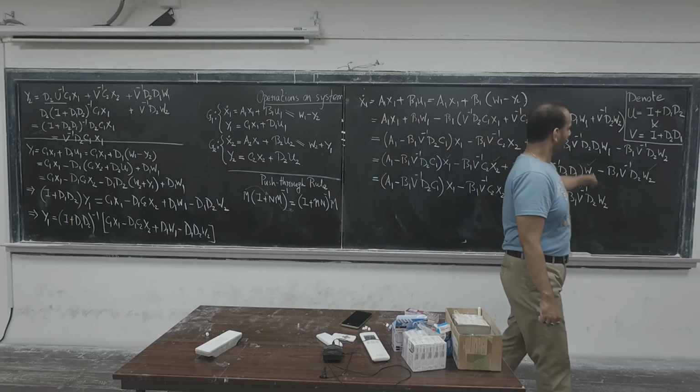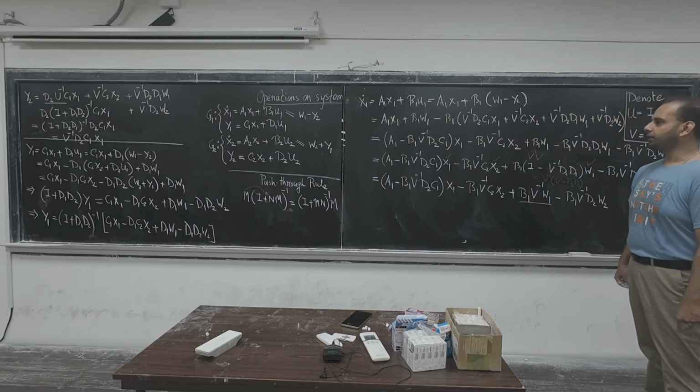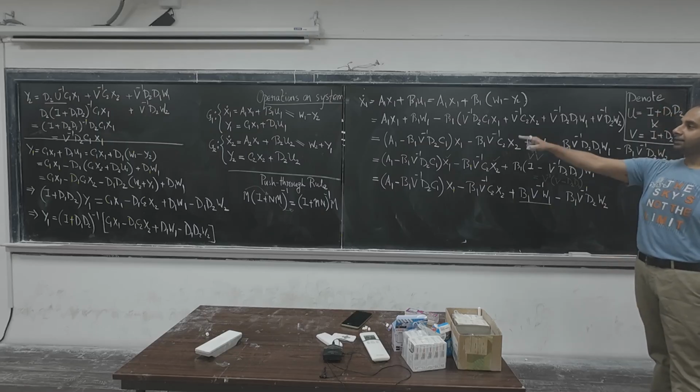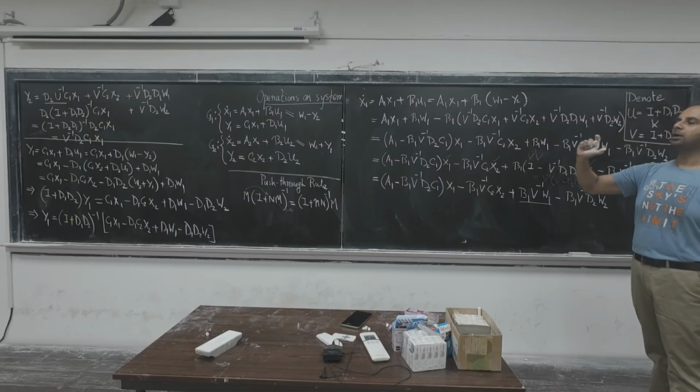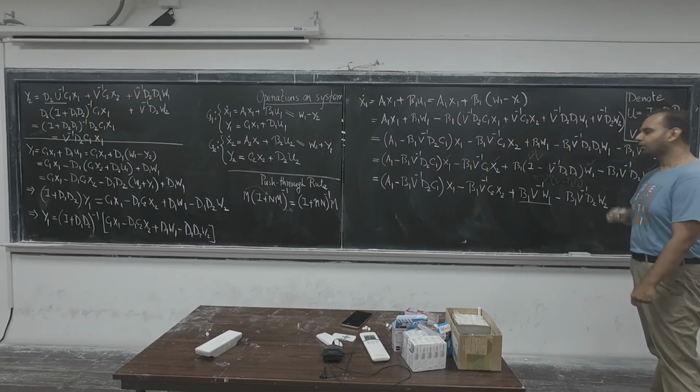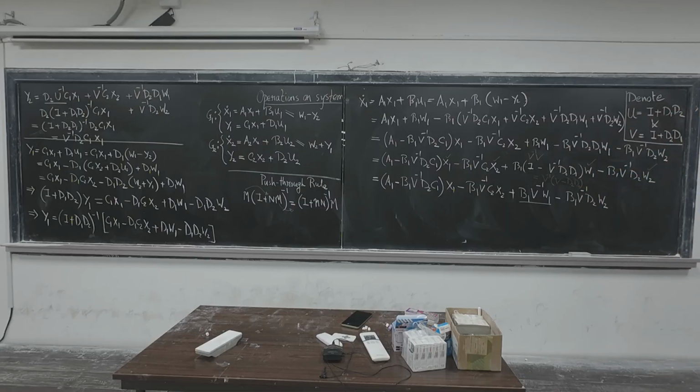Whatever simplification or derivation we are doing is under the assumption that all of the dimension compatibilities are there, otherwise we cannot write. And d2 d1 and d1 d2 both have to be square matrices. Why? Because otherwise you cannot write I plus d1 d2. When we are writing u and v, in one of them I plus d1 d2, in the other I plus d2 d1.